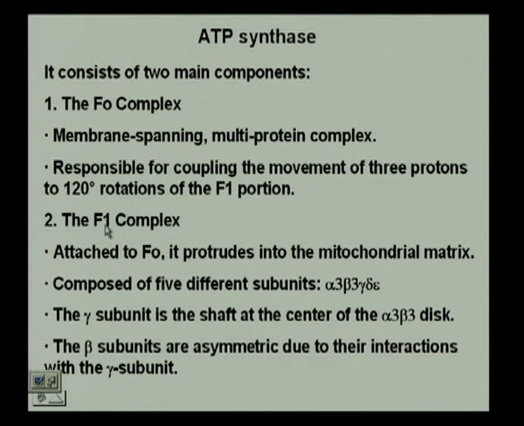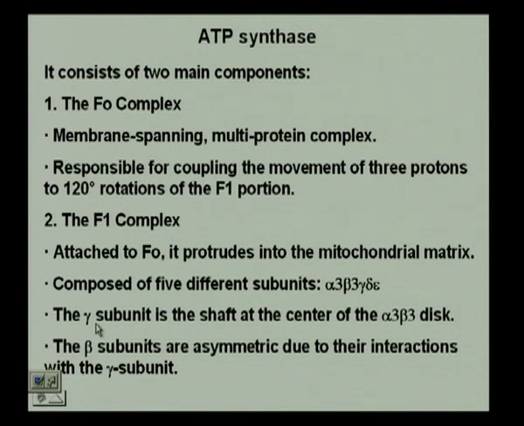The F1 complex is attached to F0 and it protrudes into the mitochondrial matrix. It is composed of 5 different subunits named alpha, beta, gamma, delta, epsilon. Okay. There are 3 alpha subunits, 3 beta subunits, a gamma, a delta and an epsilon.